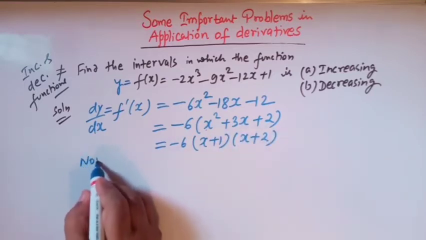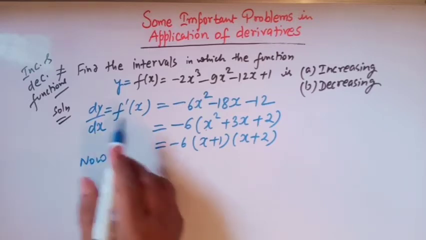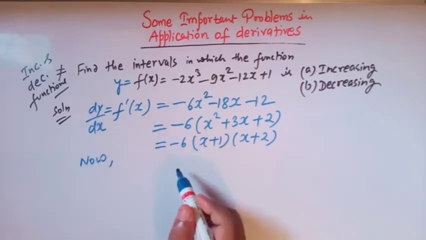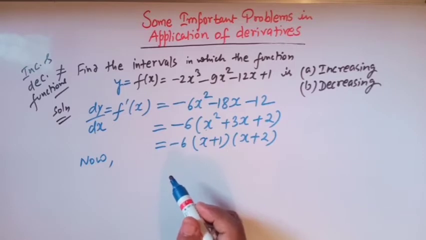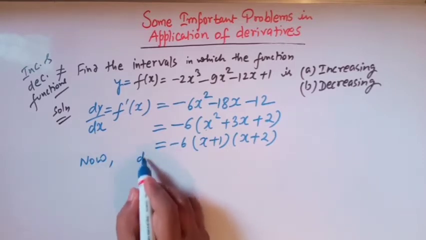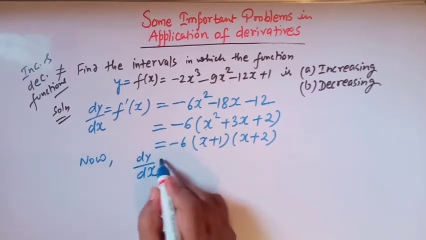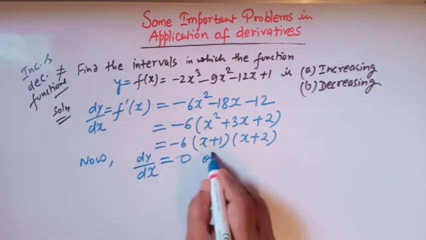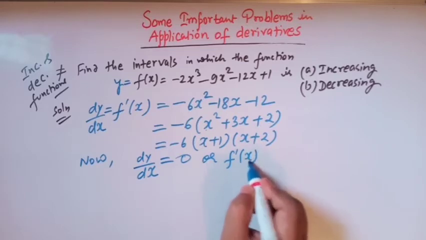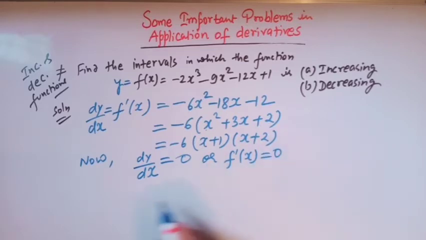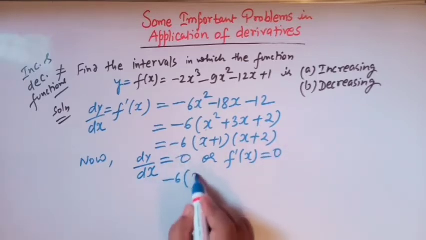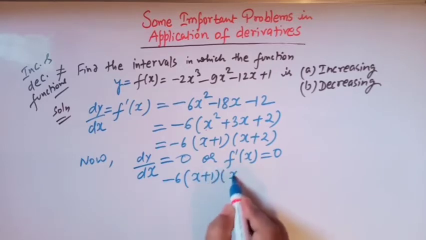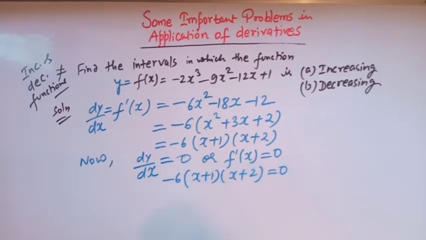Now viewers, what we will do, we'll find the turning points or the critical points. So the turning points can be obtained by putting the derivative equal to 0, or we take f dash x equal to 0. So we have minus 6 times x plus 1, times x plus 2 equal to 0. So we have two roots, minus 1 and minus 2.